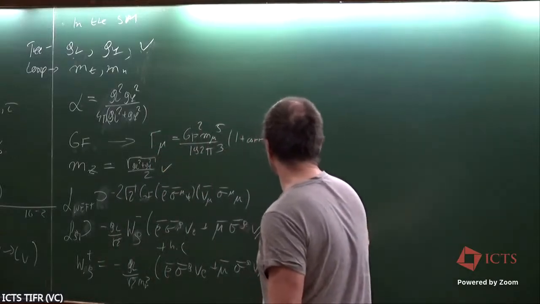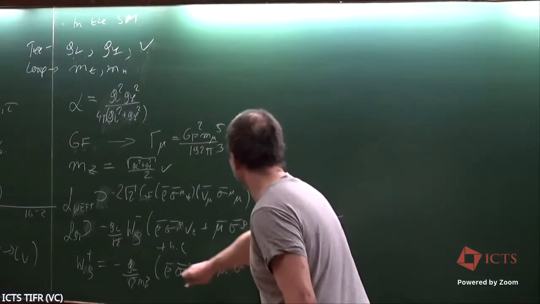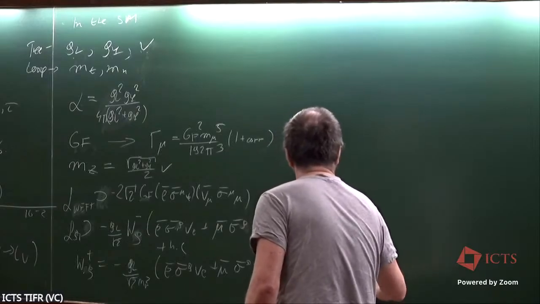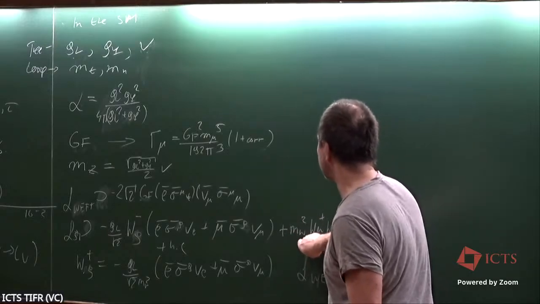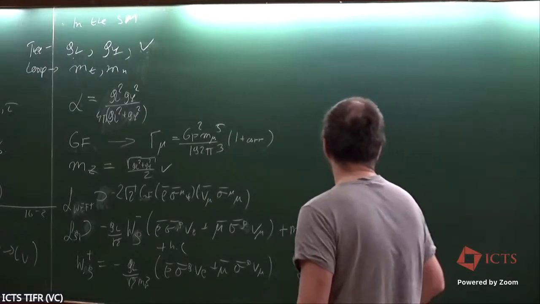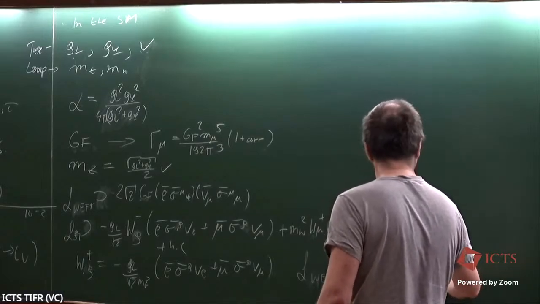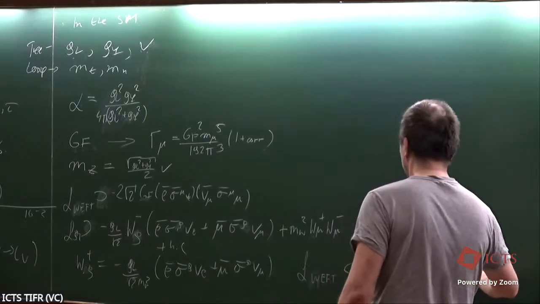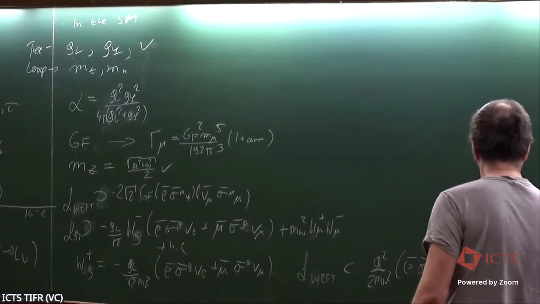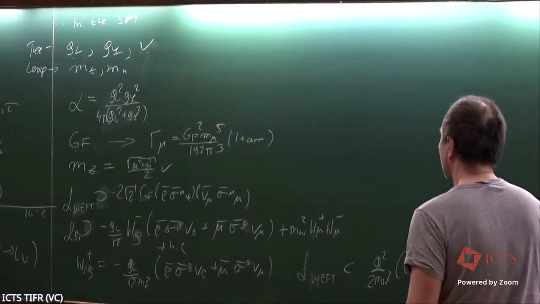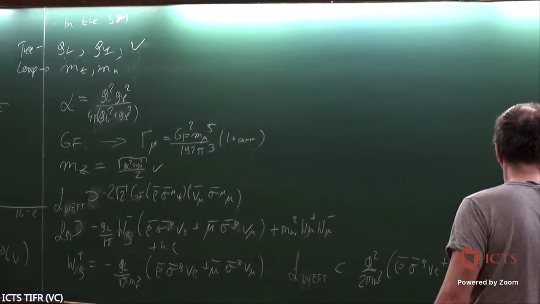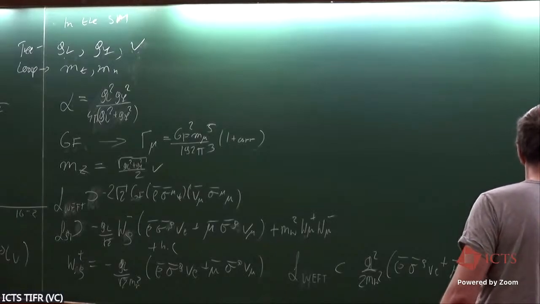When you plug this back into the Lagrangian, you will get the effective Lagrangian, with plus GL squared over 2 MW squared times the product of the electron and muon currents.